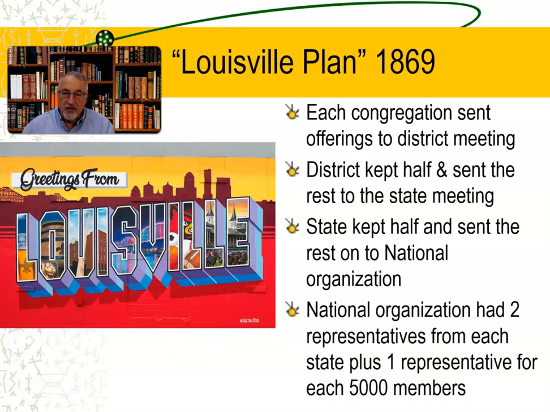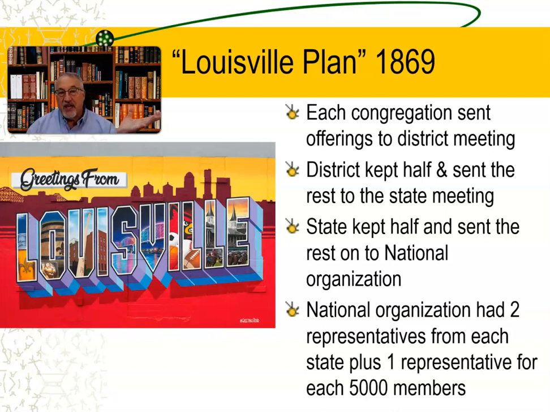The national organization then would have 2 representatives from each state. Each state, there would be a state delegate or state representative. And from that then, they would send one representative. They could send one representative for each 5,000 members in that state.